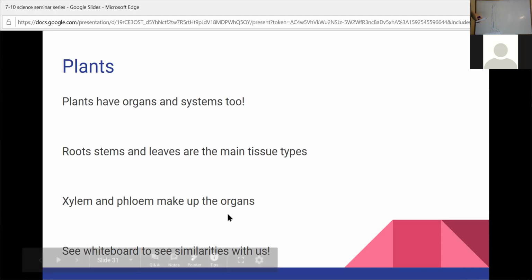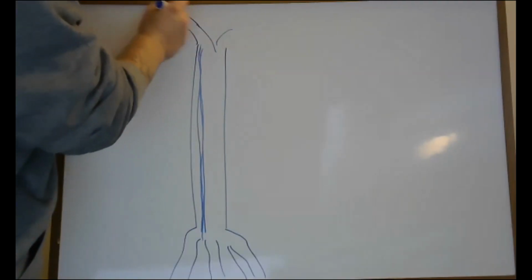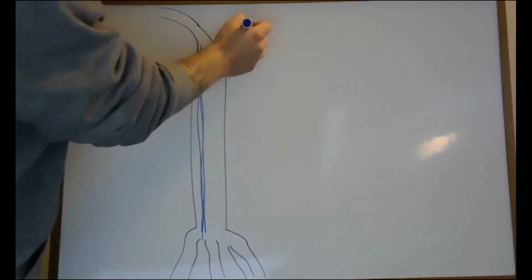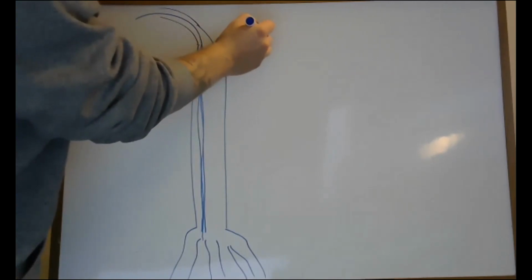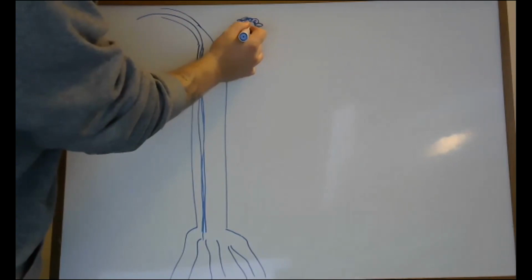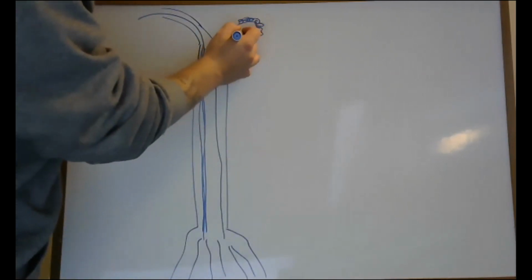I'll stop sharing so you can see the screen. Yes, terrible drawing. The xylem carries the water from the leaves. It looks like a weird finger. And the phloem carries the sugar from the leaves back down to the roots.